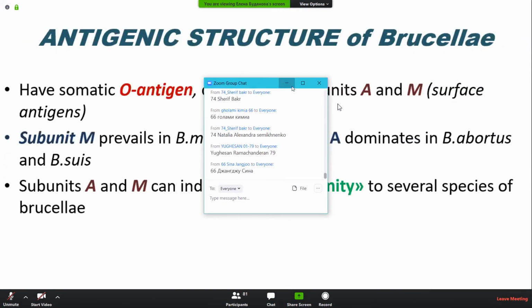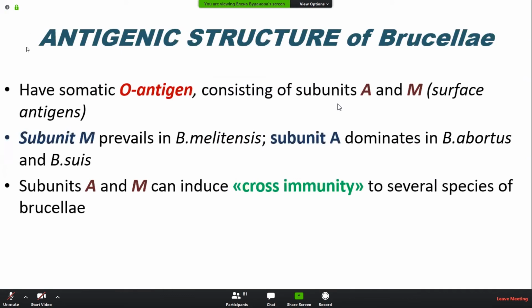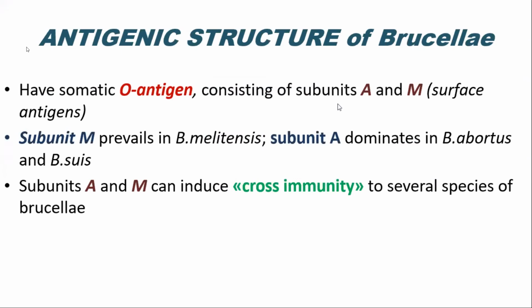Thank you. Antigenic structure of Brucella. Being gram-negative, they possess O antigen. It was identified that O antigen of these bacteria consists of 2 subunits, A and M. A stands for abortus, M for militensis.